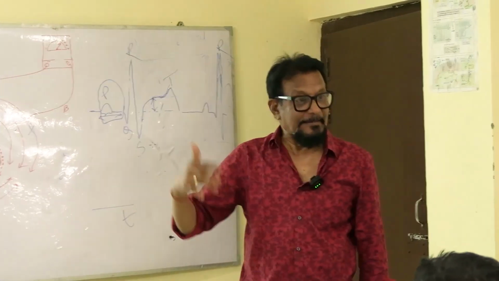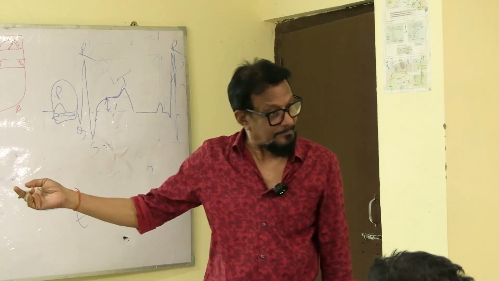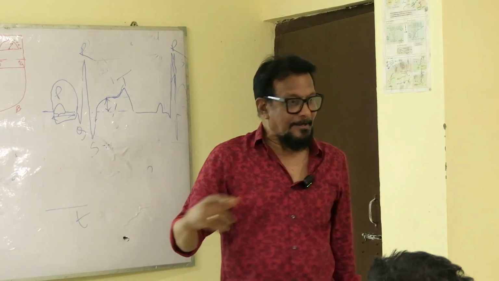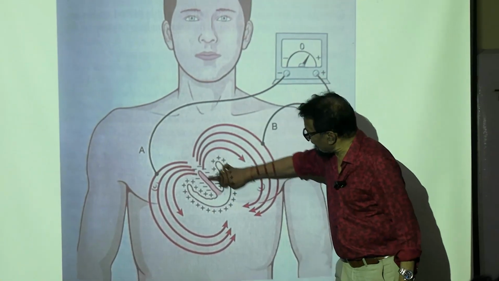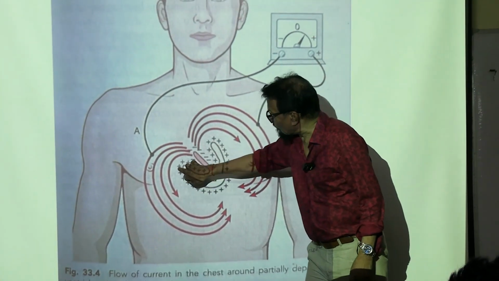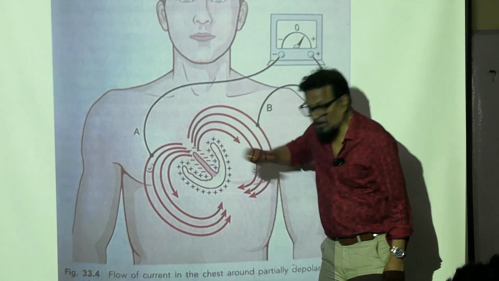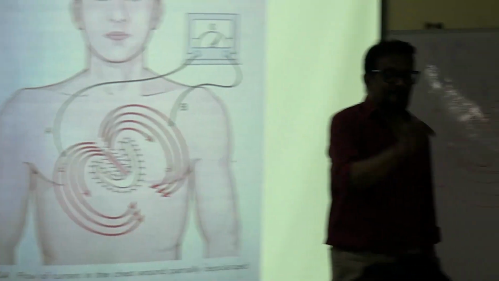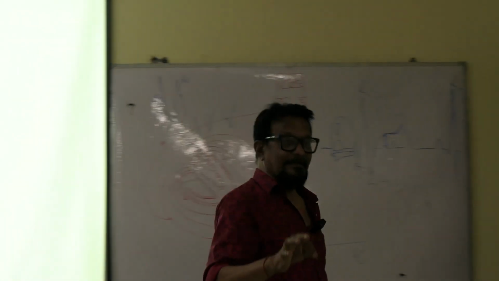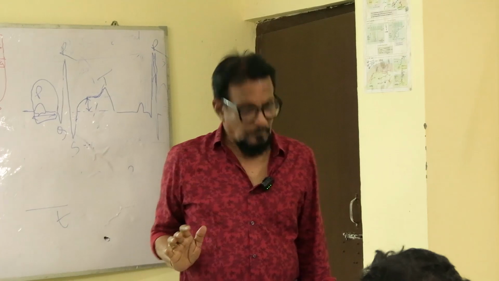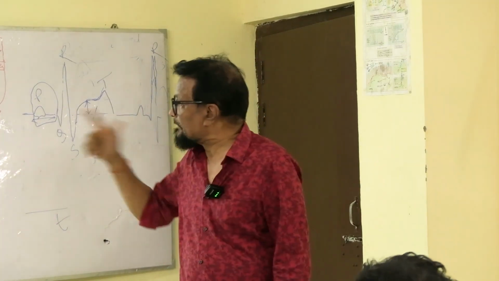So by creating depolarization waves, it is coming to here. As a result, this part will be depolarized. The impulse is yet to transfer there. For this instant, it is only depolarized up to this part. For this instant, it is this condition.